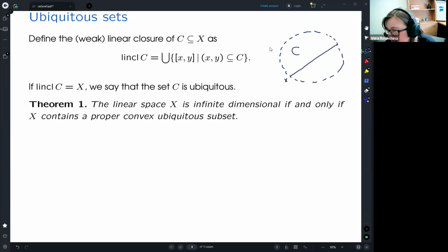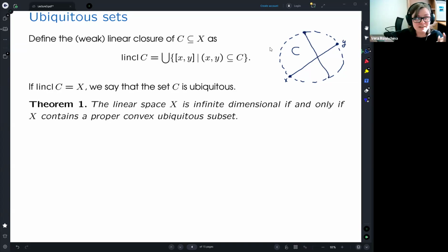I take an interval like this, right? It may be open as a subset of a real line, but I can also close it again within that real line, because I have a topology of the real line. So I can take all line segments and close them. And actually in the finite dimensional space, that will give me the closure of my convex set.